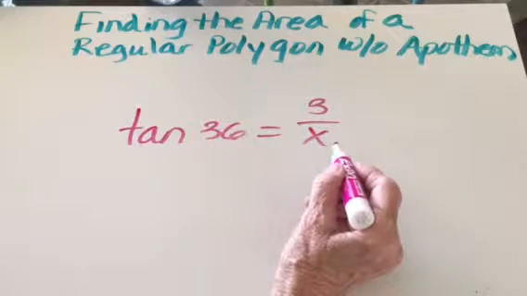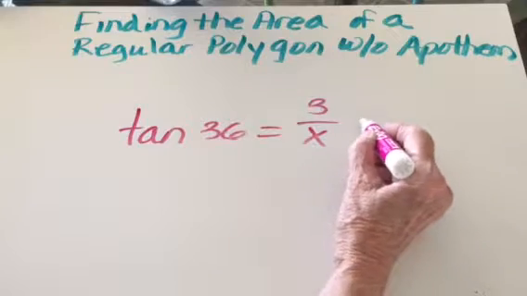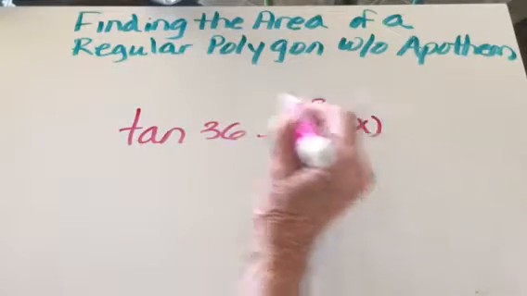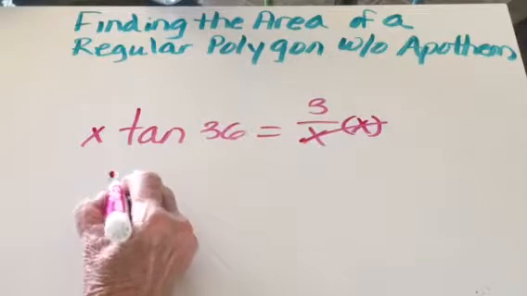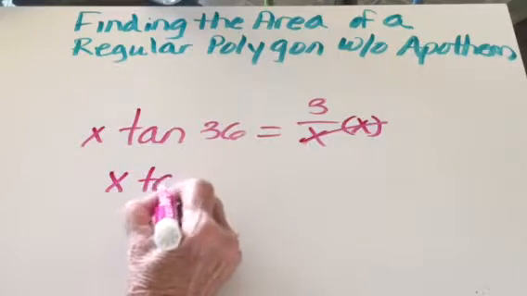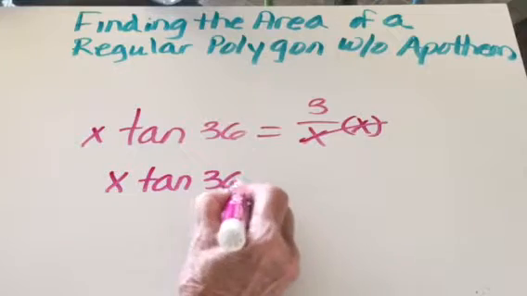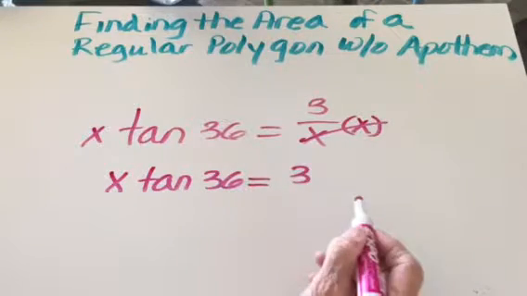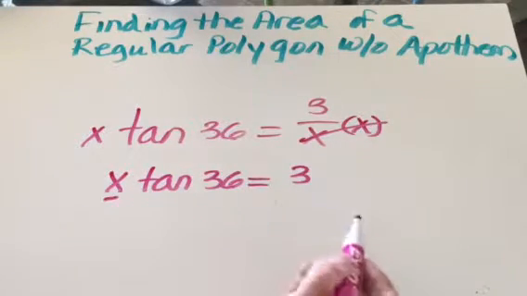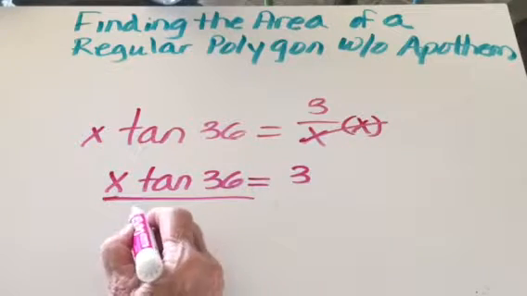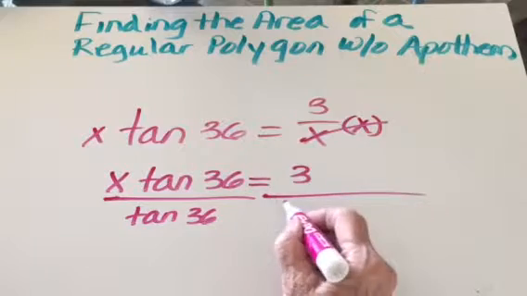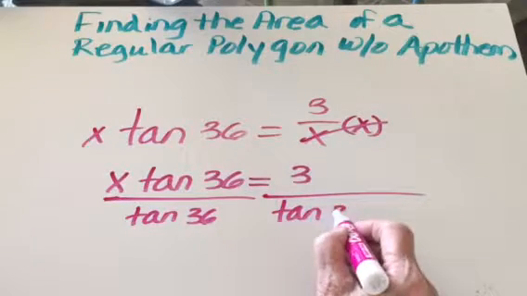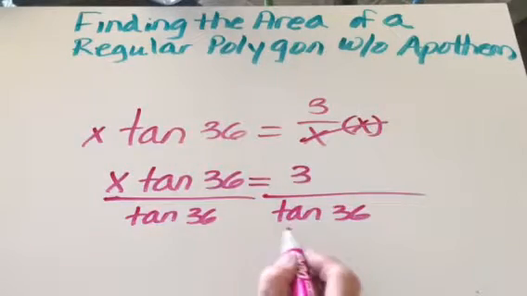This is an equation. To get rid of the fraction, I'm going to multiply on both sides by x. Now that goes away. Now I have x times the tangent of 36 equals 3. I want to know what x is. So I have to divide by the tangent of 36 on this side and divide by the tangent of 36 on this side.